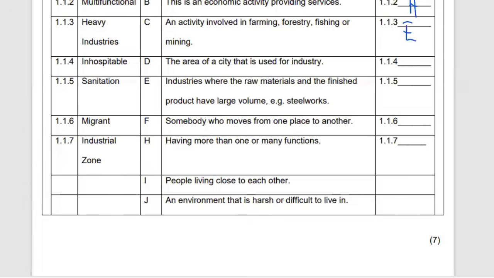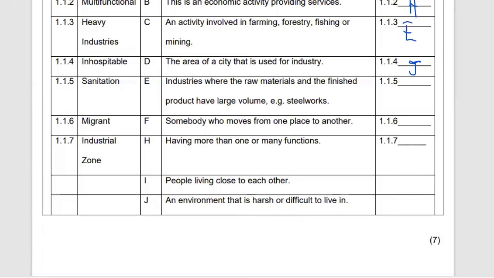Right. Inhospitable, which response does it match with? It matches with question 1.1.4, response J. Inhospitable matches with the response J. What does response J say?